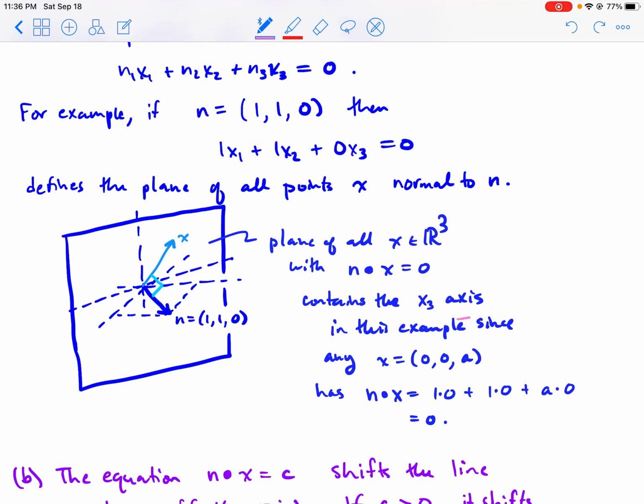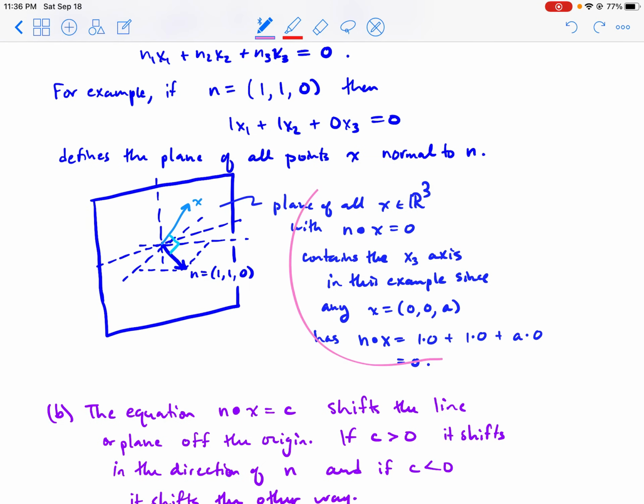In this case, it contains the x3 axis, just because of this particular n that I chose. If you have some vector on the x3 axis, it looks like (0, 0, something), and no matter what, with this n, you're going to get a dot product of 0. So that's how we can see it contains the x3 axis.